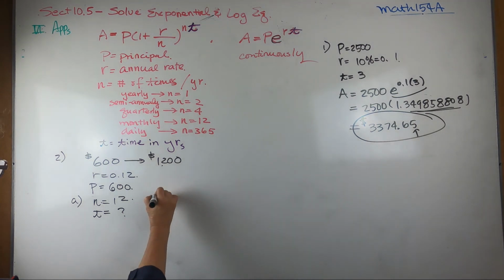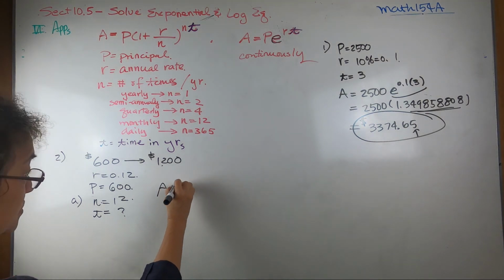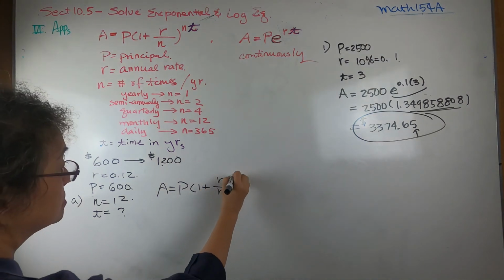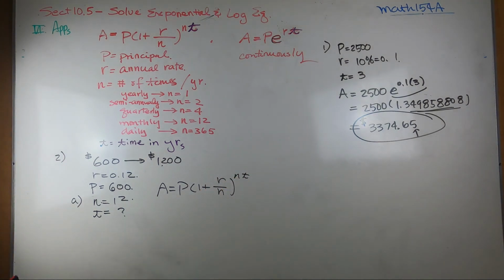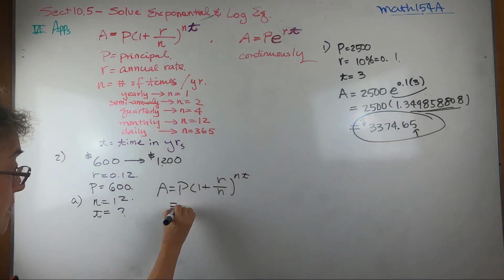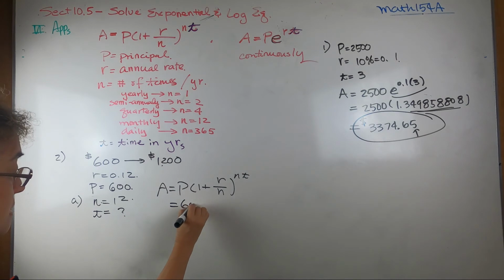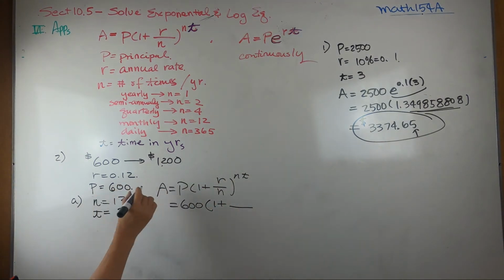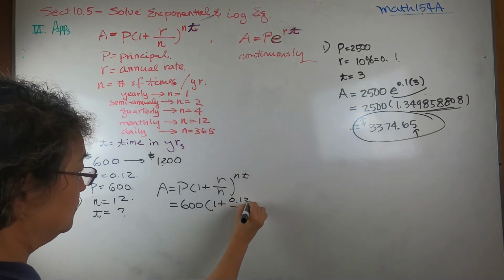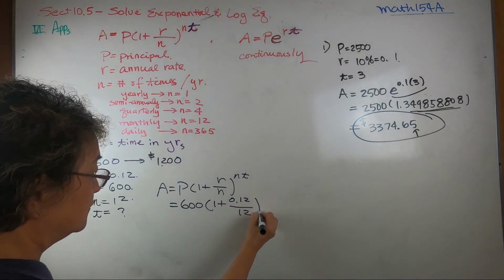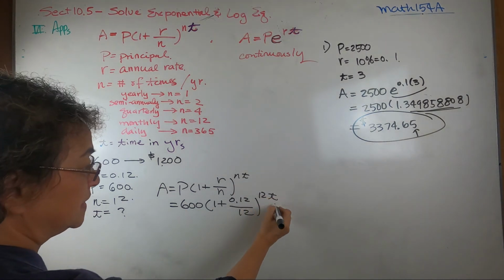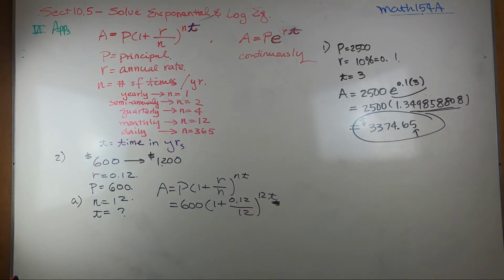And your formula is what? A equals P times (1 plus R over N) to the NT. You can only have one variable you don't know to find the answer, right? P is how much? 600. 1 plus what? R is 0.12. N is what? 12. And 12, do we know the T? We don't. We want to find the T, right?